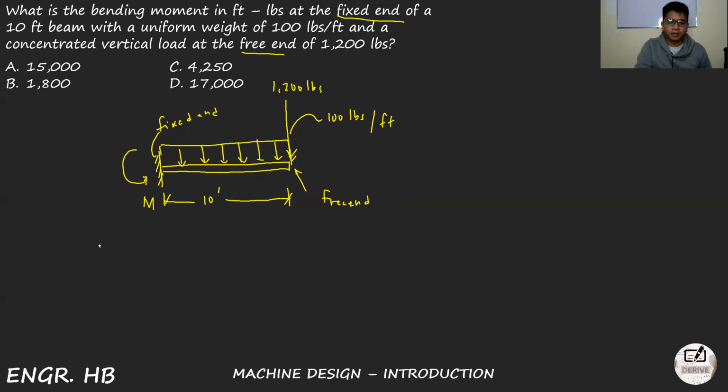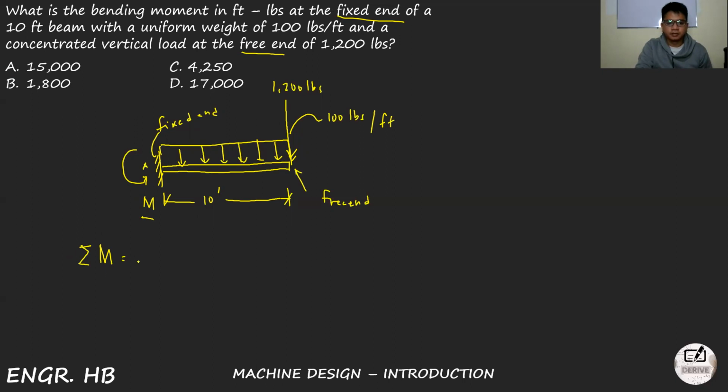We can tell that the moment at the wall is the summation of the moments on the beam, because the moment of the wall, the fixed end, counters the applied loads. We can do the summation of moments.